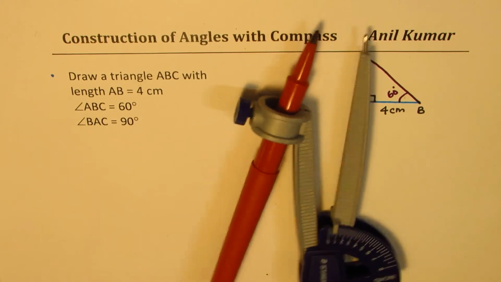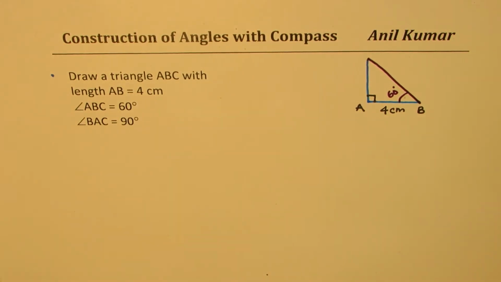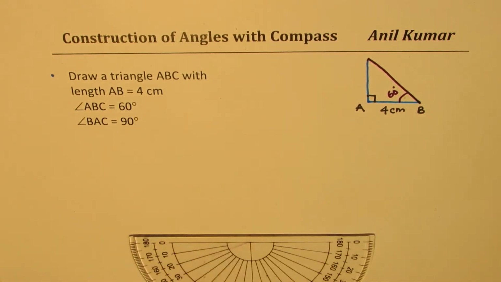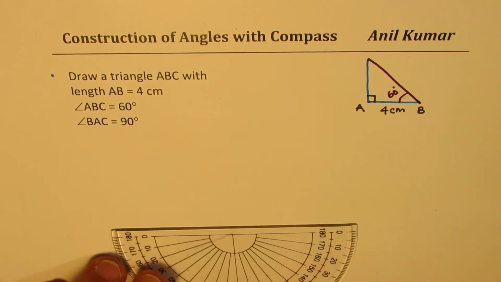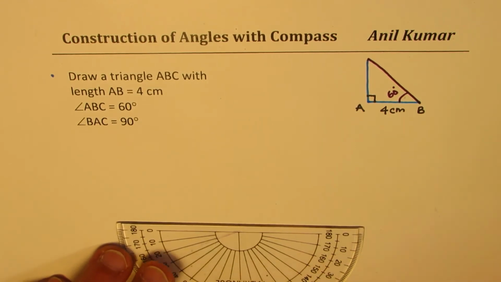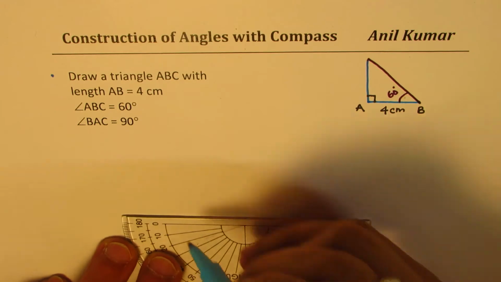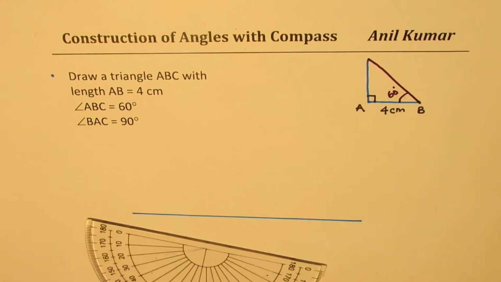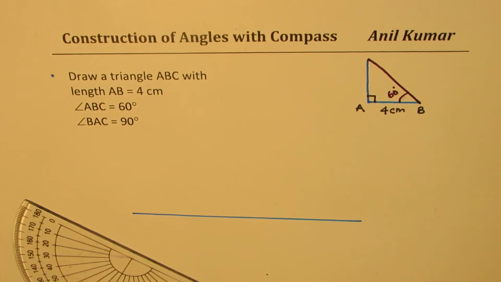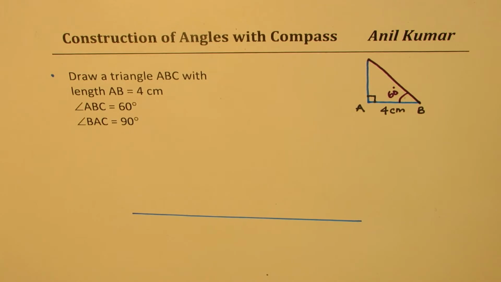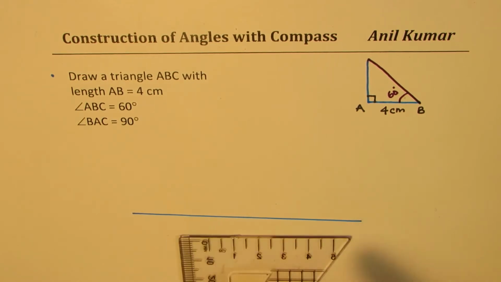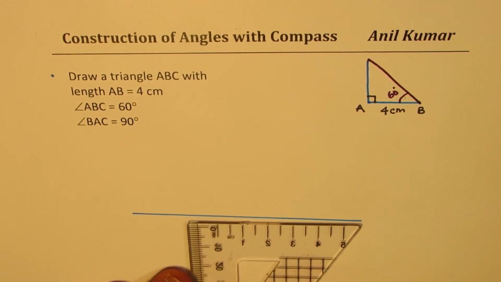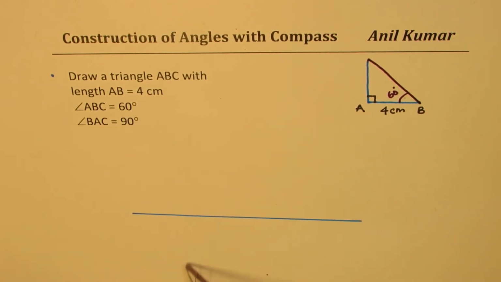Now here is what I would like to do. I'll definitely use my protractor, but only to draw straight lines and to verify the results. Okay, so here is my protractor. We'll begin with 180 degrees as we have done all throughout. Now we need 4 centimeters between A and B. So let's mark 4 centimeters and almost at the center we'll keep this and then draw, right?